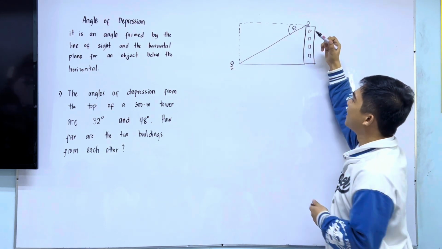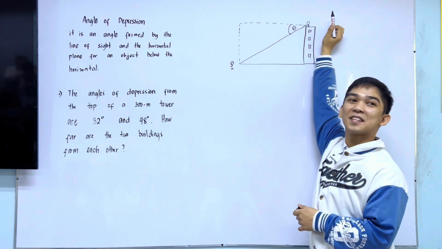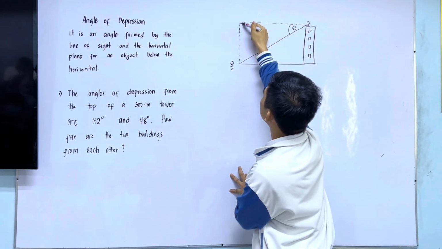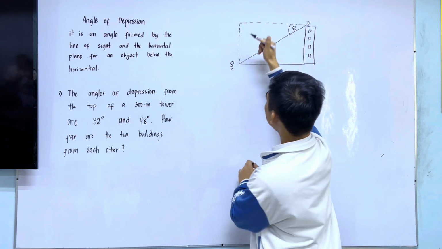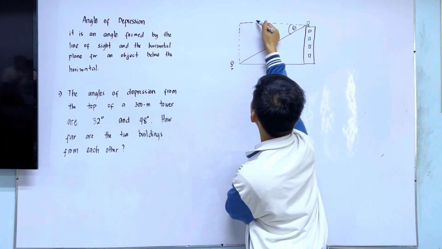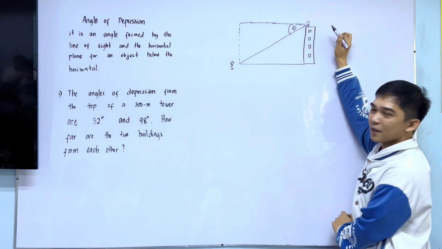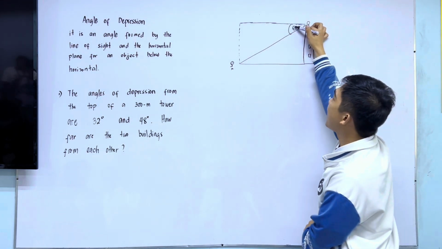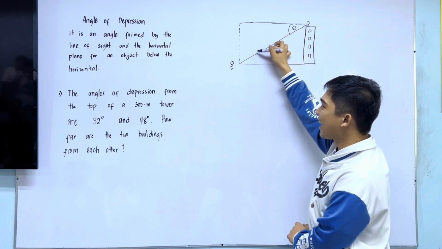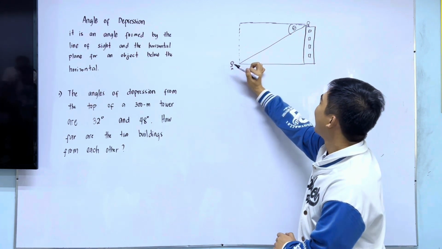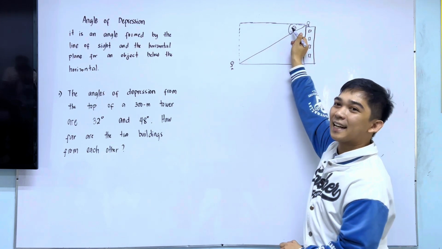Okay. So from the line of sight ni Pudaw, tapos, yung angle, habang tinitignan niya pababa. Yun yung angle na napo-form.